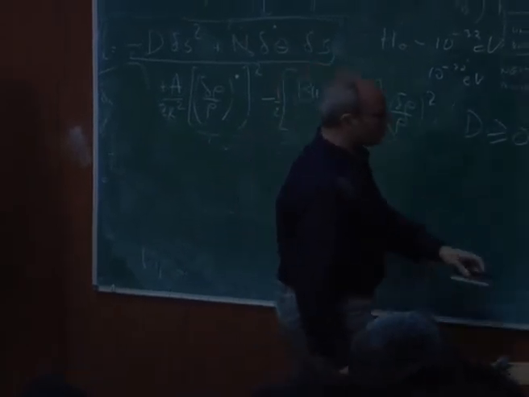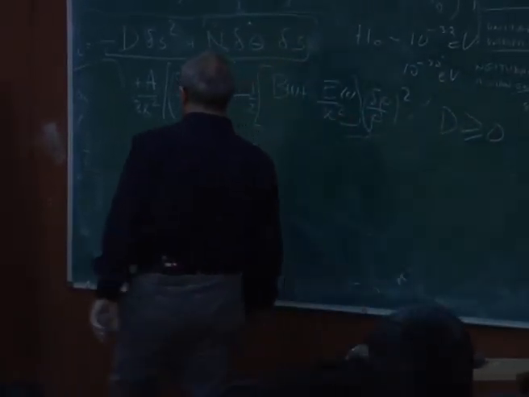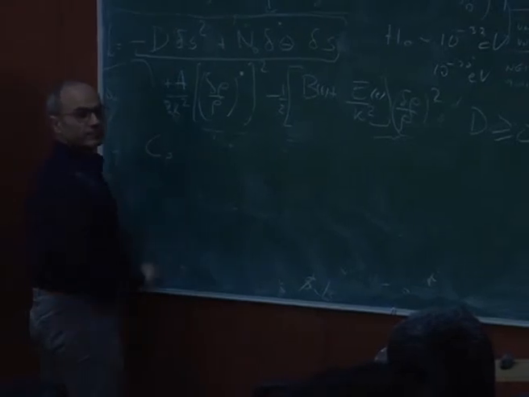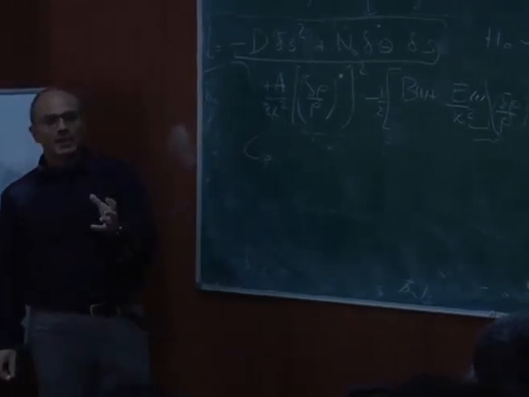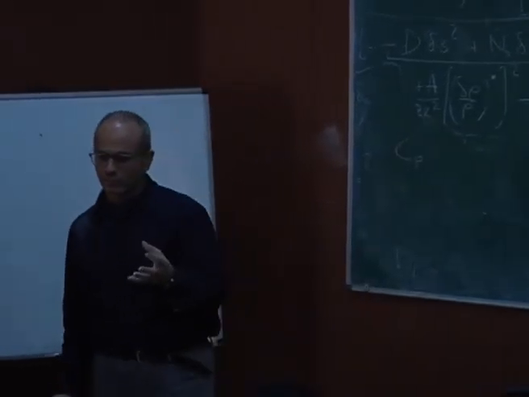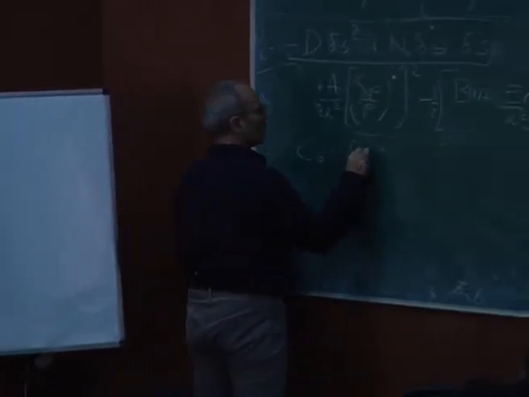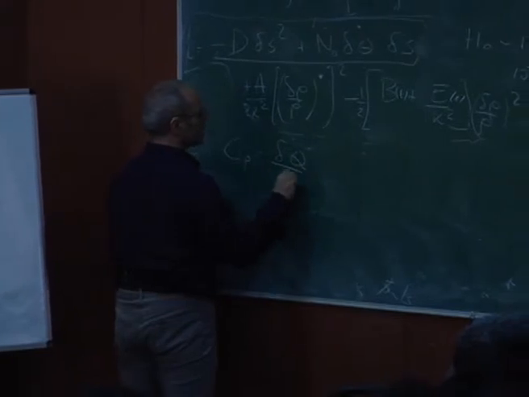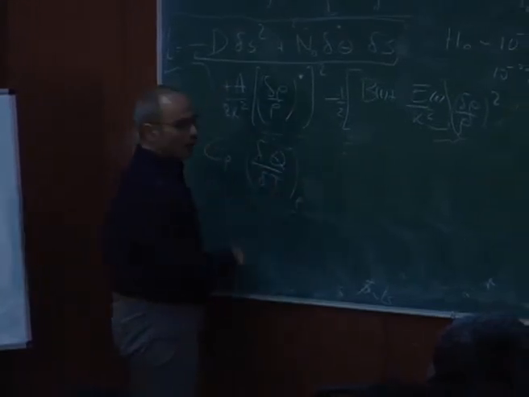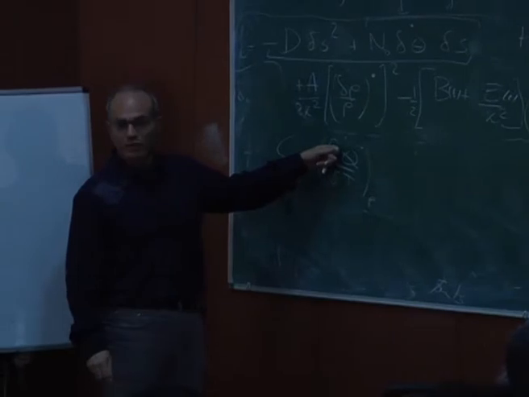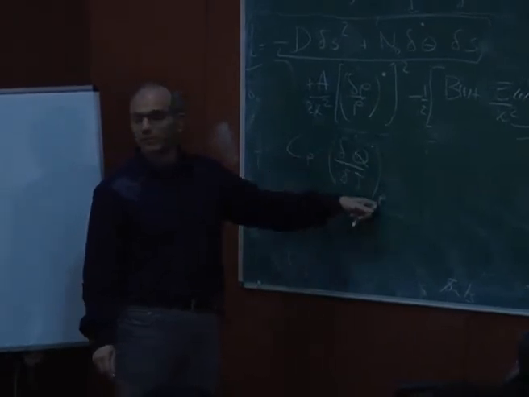Let me calculate this quantity here. Cp. Cp is the heat capacity, which is defined in the following way. We give heat to the system, and we say how the temperature changes with the Q at constant pressure.